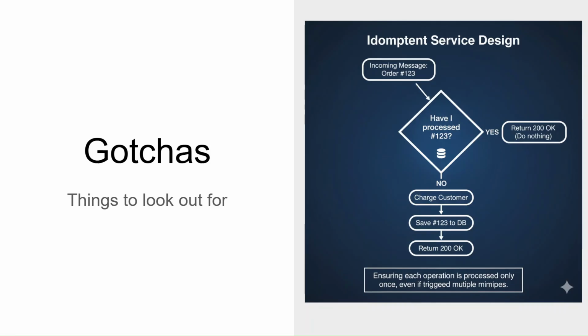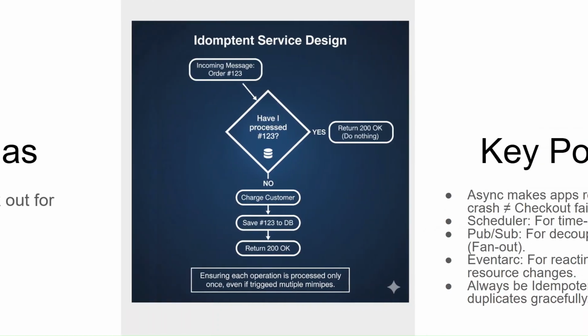You do not want to rerun whatever payment actions you have done, else you find yourself sending multiple emails to your clients. If you have not processed it, then you go ahead and perform the process. You save the important key and the information about that process to your database, and then you return 200, right? So you just need to make sure that your operations are idempotent. We are going to show an example of an idempotent operation when we look at the demo in a short while.